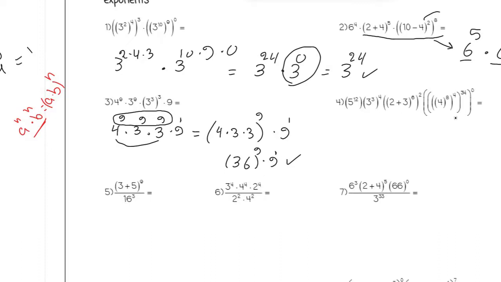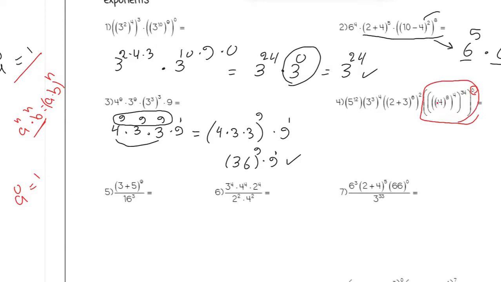This one also looks like a very, very big question, but actually if you look at the last part, first maybe you think it's difficult, but when you look at the last power, you can see here 0. If you remember, we studied that any number to the power of 0 is equal to 1, so this one, as a number, this whole thing from here is one number, and the power is 0.